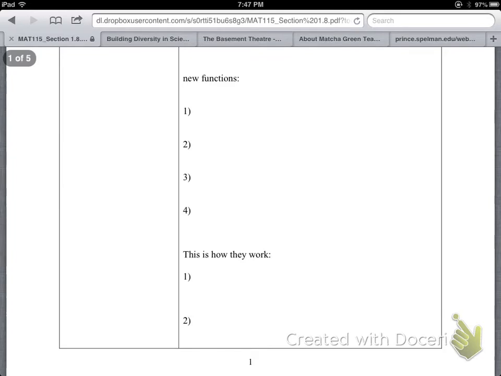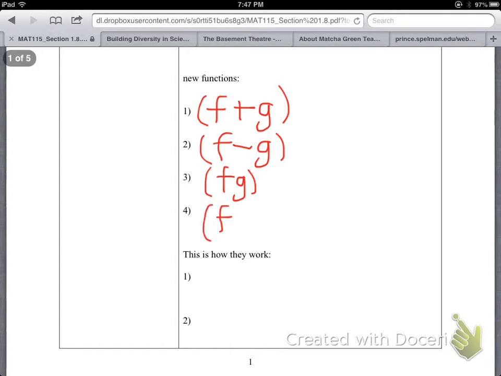Okay. And so one of the functions looks like f plus g, another one f minus g, then f times g, and then f over g. And so this is how it works.